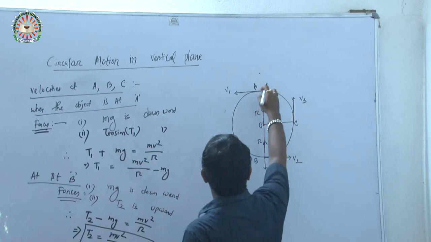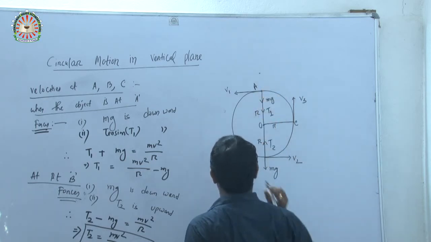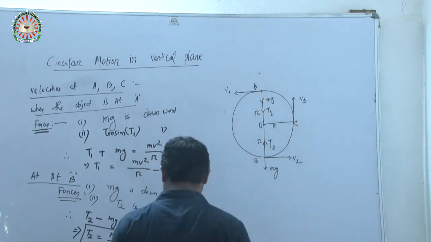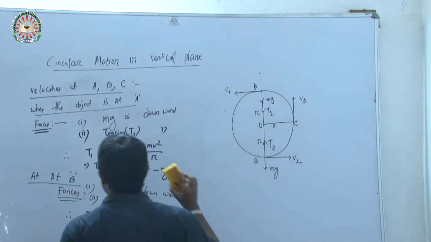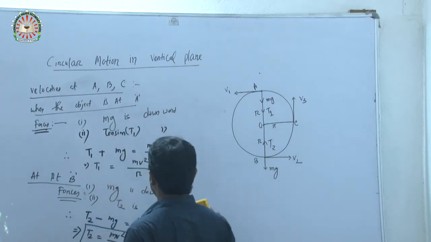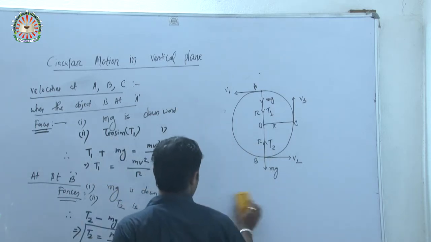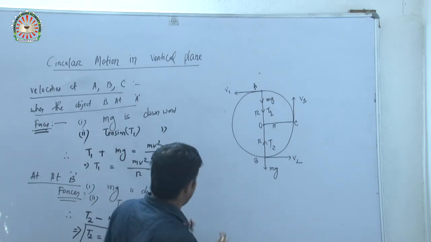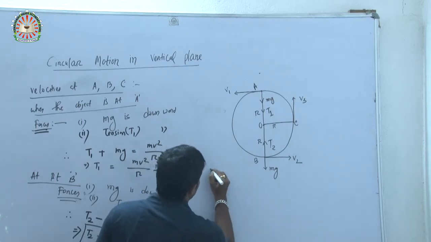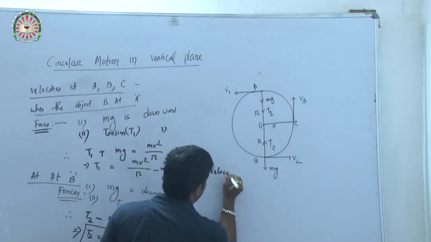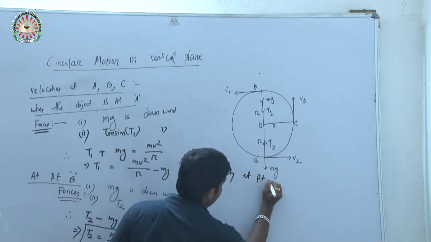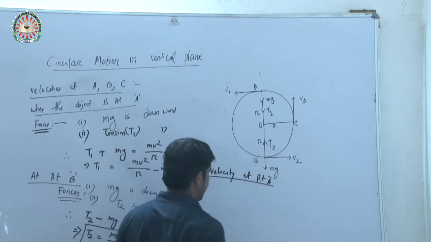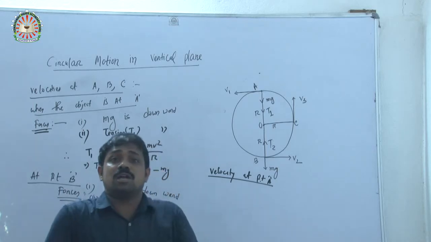Okay. Now first of all we have to find out the linear velocity at point A. Clear? So how could you find the linear velocity?